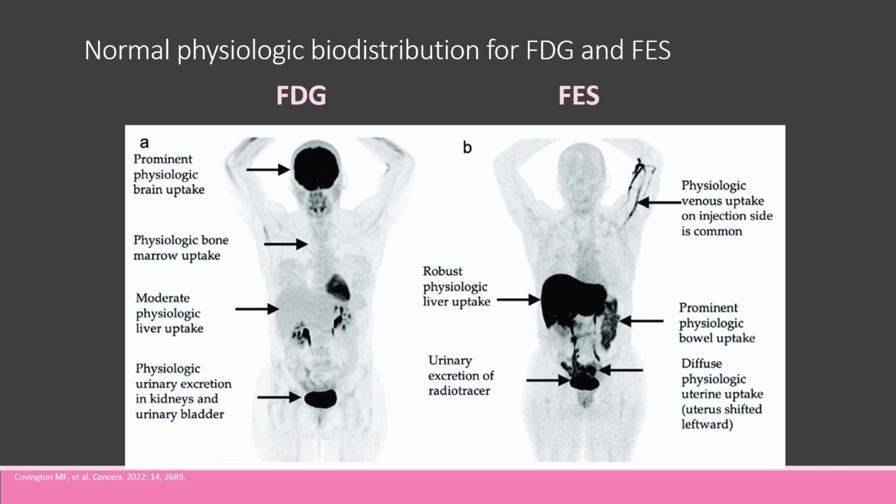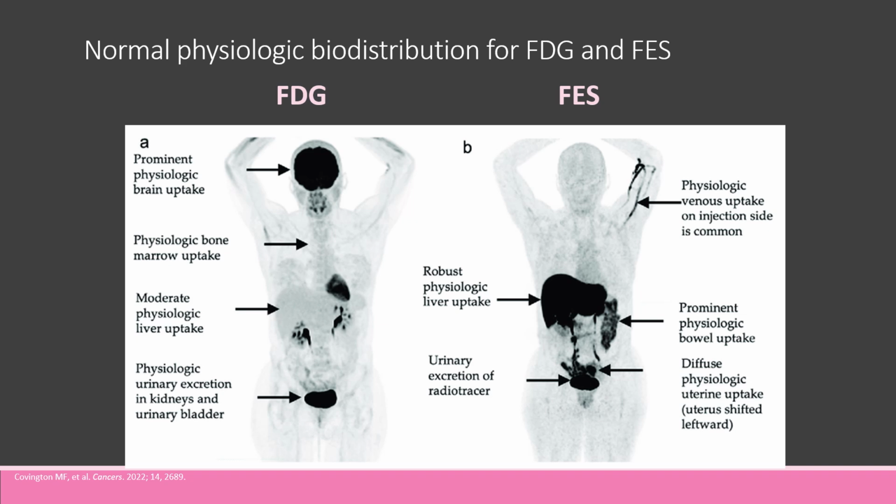Next, look at the liver activity. The liver activity is not hot on the FDG study, but it is on FES. And this is a limitation of the fluoroestradiol studies. The liver disease cannot be identified with FES, or at least not easily, because you see so much activity already taken up there.